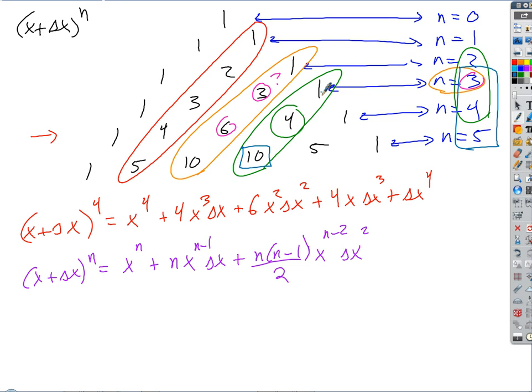So we're going to follow kind of a pattern like that. And there's even a way that we could predict what the number on the bottom is going to be, but we don't need to go there. This is good enough. That's a long enough list for us to do our thing.